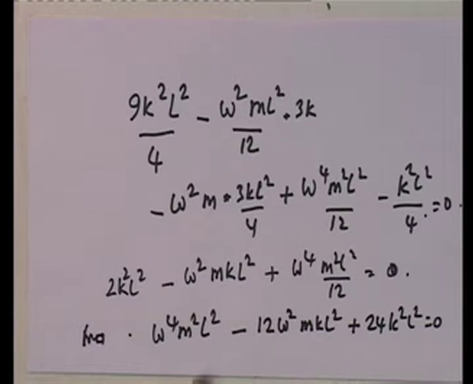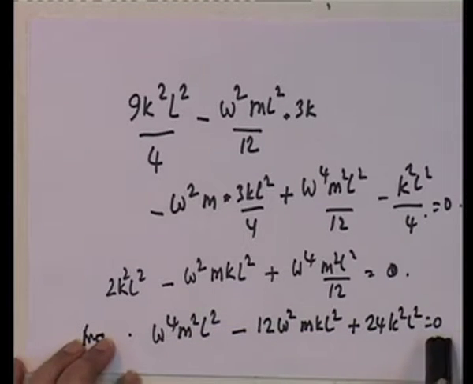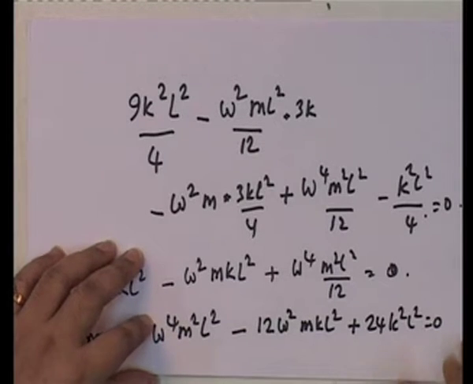Now, you see L squared is there in every one of them. So, I can put L squared outside and take it to the other side. So, L squared disappears.